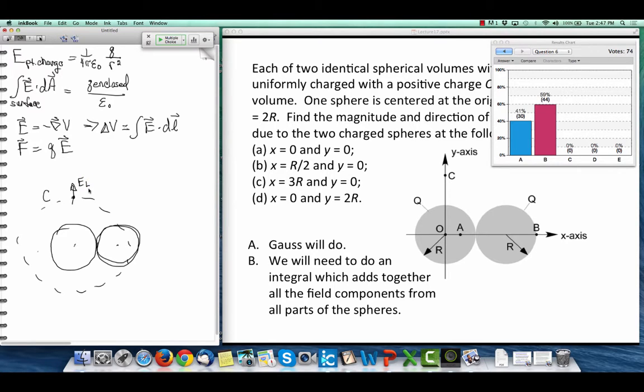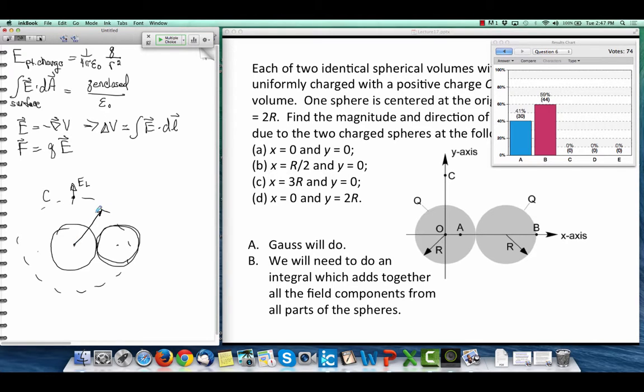Once I have that, I need the electric field vector due to the sphere on the right, and I can get that from Gauss's law also. The Gaussian sphere on the left, by the way, has radius 2r, because that's how far the center on the left is from point C.